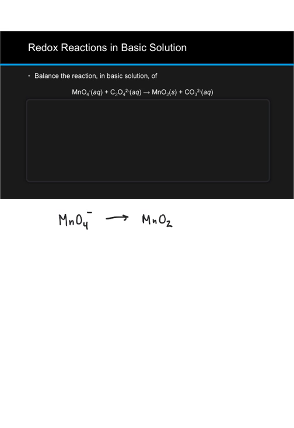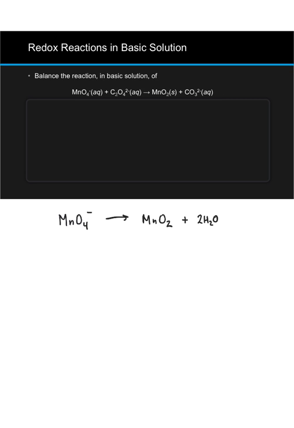We need to balance atoms, then balance charge. We have 1 manganese on both sides of this reaction, 4 oxygens on the left-hand side, and 2 on the right-hand side. We need to balance oxygen, but putting a coefficient in front of either side's substances would throw off our manganese balance. So as an alternative, let's use water to balance oxygen.